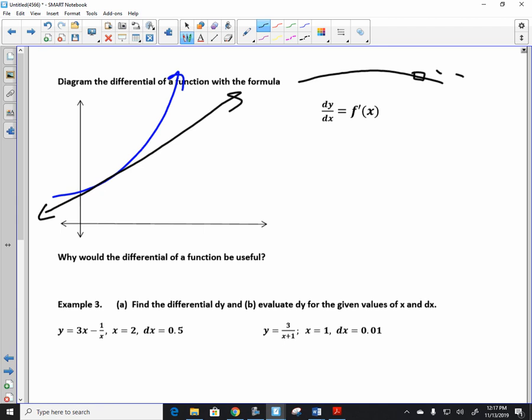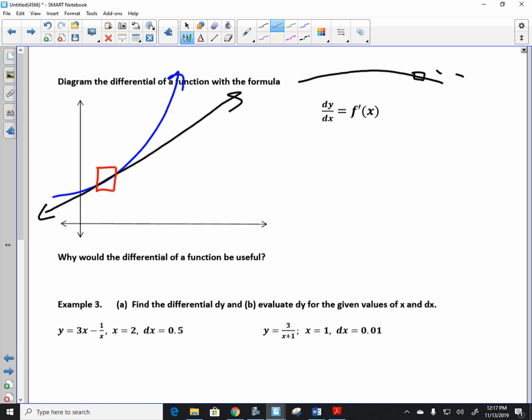So, linearization is one way to approximate change in a close period. For example, the function and the line are nearly identical within a small window. As you move further out, they start to separate, and they're not good approximations of each other at all. Linear approximation is one way to approximate these values.